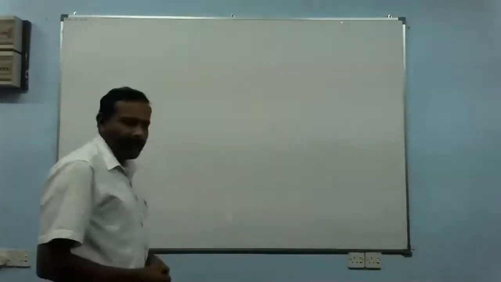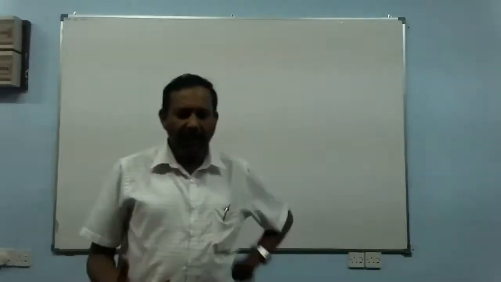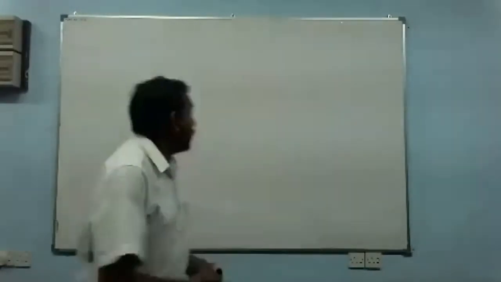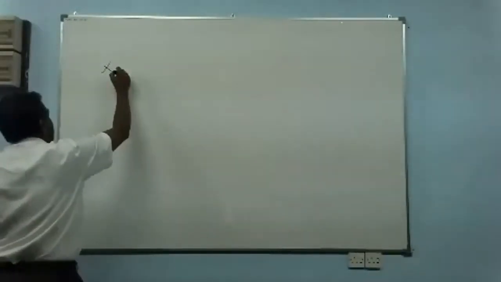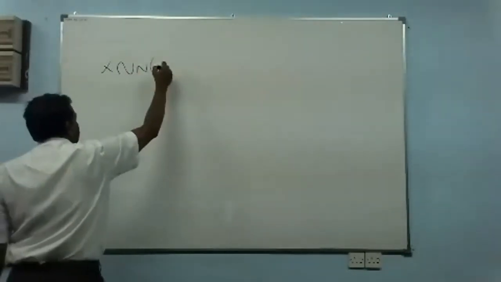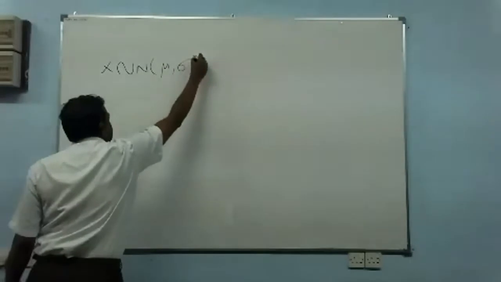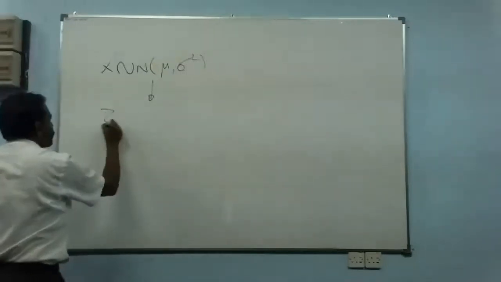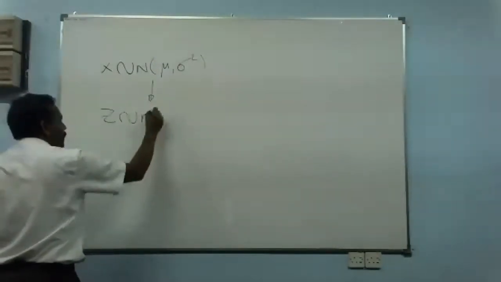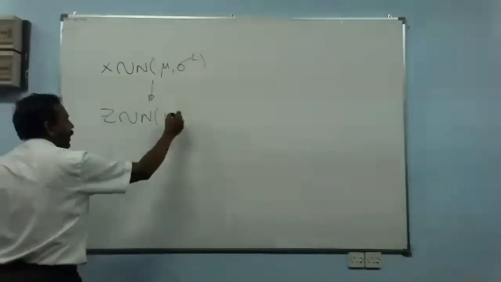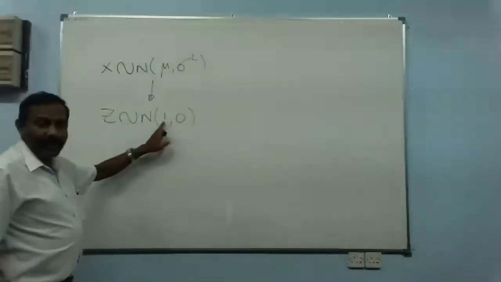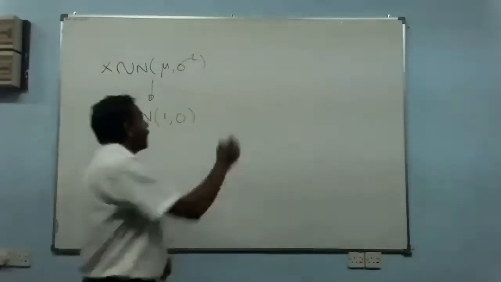Just to refresh what we did last time: if a random variable is normally distributed with mean mu and variance sigma squared, then we can convert it into the z distribution, which is also normally distributed with a mean of 0 and a variance of 1.